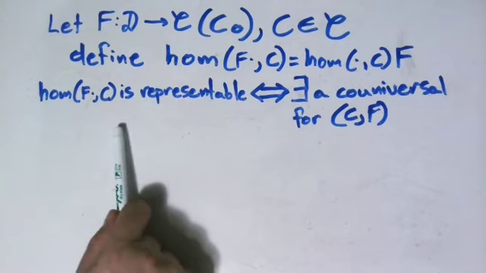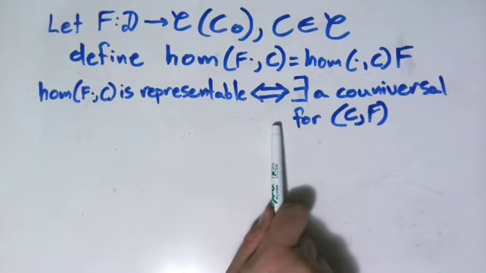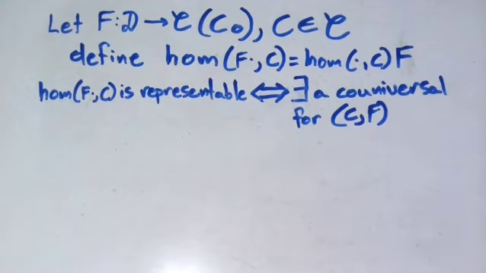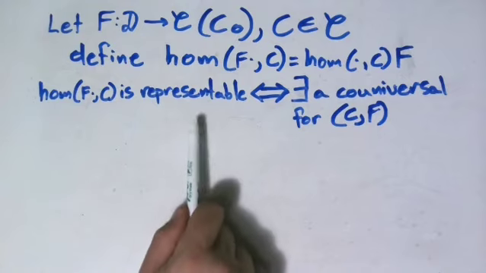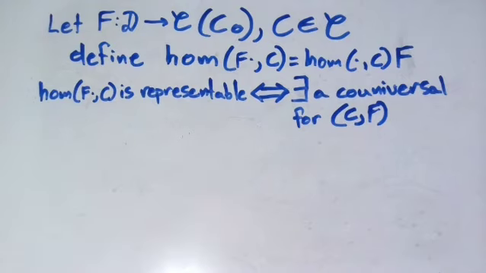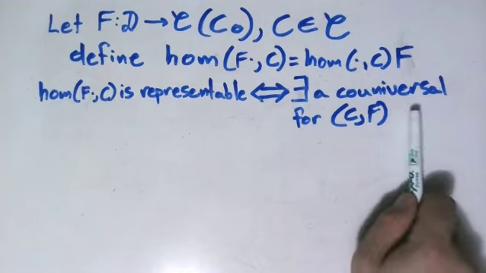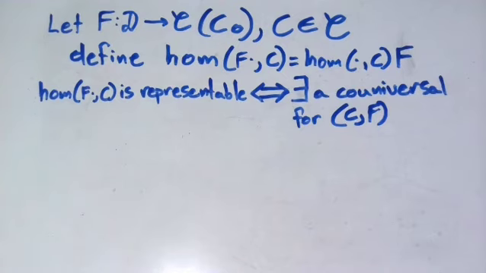Home F blank C is representable if and only if there's a couniversal for C F. So basically we can see that there's a very tight relationship between representability of this composition functor here and the couniversality concept that we covered in detail in a previous video.